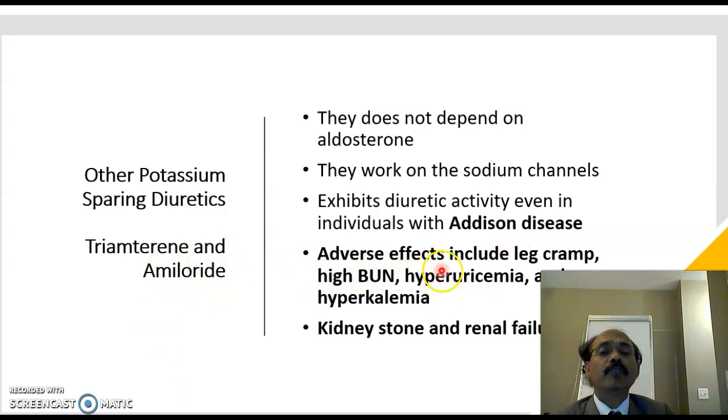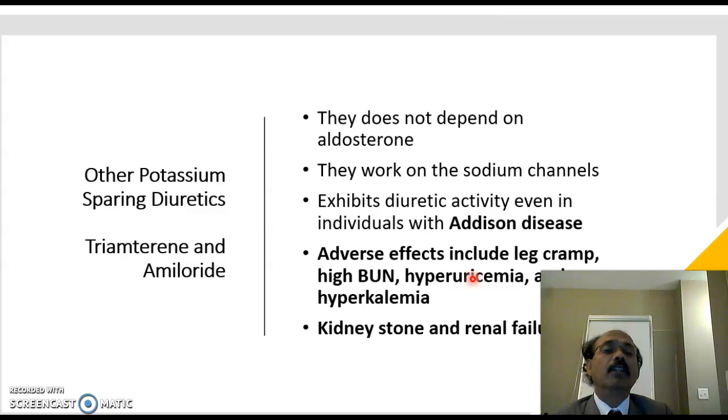So, adverse effects of triamterene and amiloride include leg cramp, high blood urea nitrogen, hyperuricemia, and hyperkalemia.